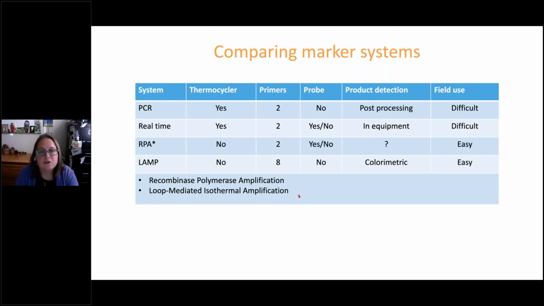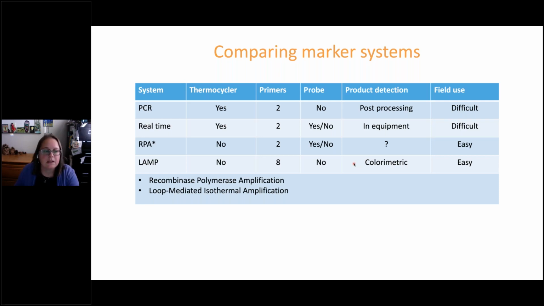So it's isothermal, so you don't necessarily need the cycling like you would in a thermocycler. And we're able to develop a detection system that's colorimetric. And so it's something that users without any real background experience can use in the field and see a color change of whether or not that pathogen that they find is the one that they're looking for.